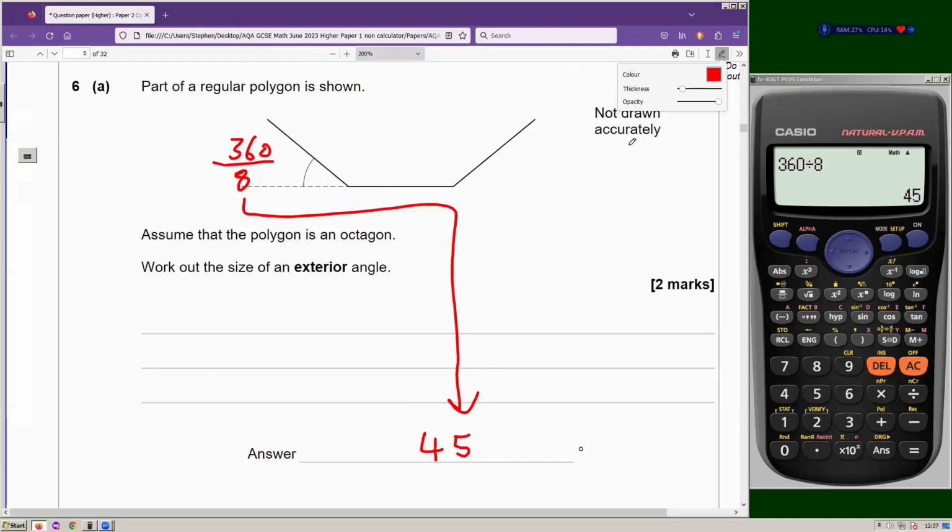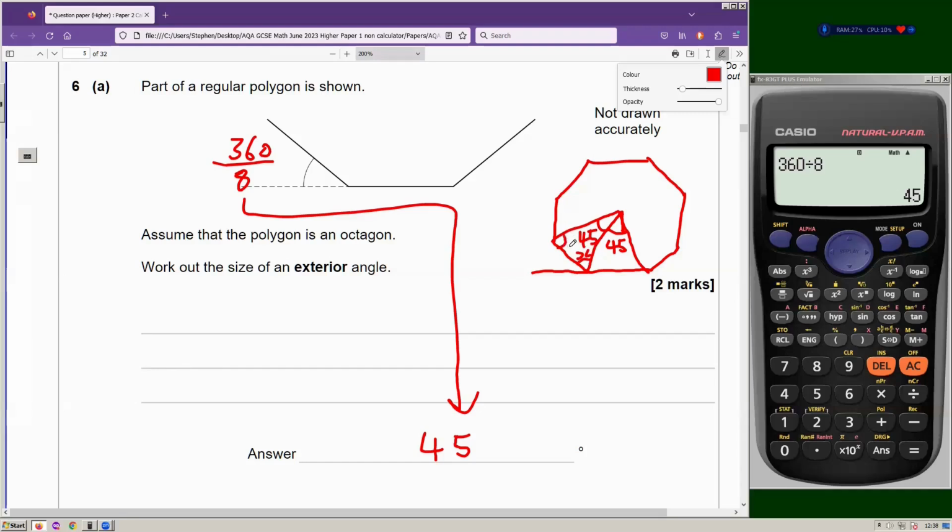And if you weren't sure of that, I'll just show you. If you draw an octagon like this, and put the center point in here, that clearly is 360 divided by 8, so that's 45 there. And then over here, this one must be 45 as well. And all these angles here are the same.